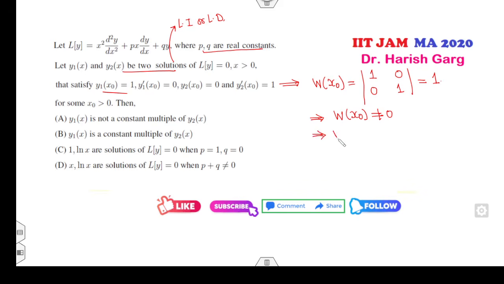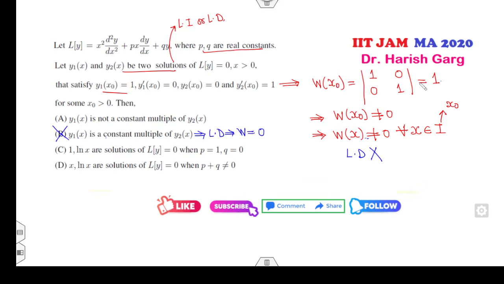Fine. That implies the Wronskian of x is non-zero for all x in the interval I which contains x naught. So if your Wronskian is non-zero, that means whether they are LD, no. Fine. So y1 would be a constant multiple, if they are LD. If it were a constant multiple, that means they are LD. Once they are LD, then the Wronskian is 0, but we get the Wronskian is non-zero.